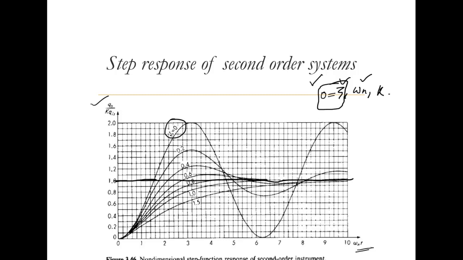See, for zeta equal to 0, which is an undamped system, you reach the desired output very quickly, let's say at omega n t equal to 1.5, which is quite fast. But for zeta equal to 0.8, you may see there are the least oscillations in the output, but this happens at around omega n t equal to 4. So this is a compromise between zeta and time, the time constant, or you can say the natural frequency of the system.